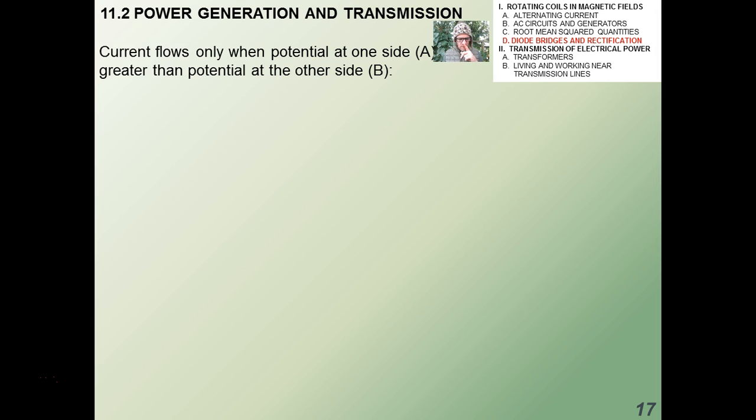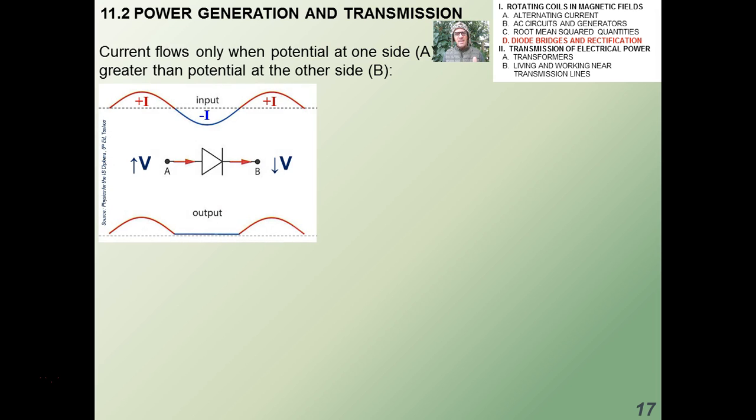Now, you know that current flows only when there's a potential difference. When the potential at one side, call it side A, is greater than the potential at side B, we get a current flowing. And so we get a positive current, then a negative current, positive current, negative current. What a diode does is only allow current to pass when the potential difference is in one particular direction.